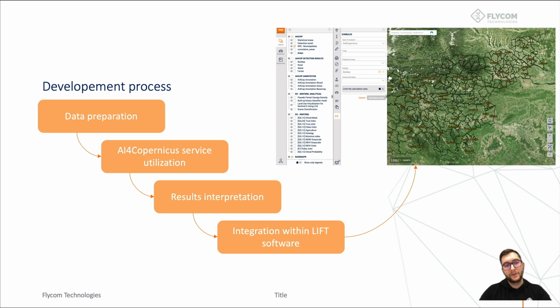Then we annotated the images and prepared the input for AI4Copernicus service utilization, where we trained our models for land cover detection, and the output was a raster image with probability values, and we needed to interpret the results in a user-friendly way, and also to integrate the developed solution within LIFT software.